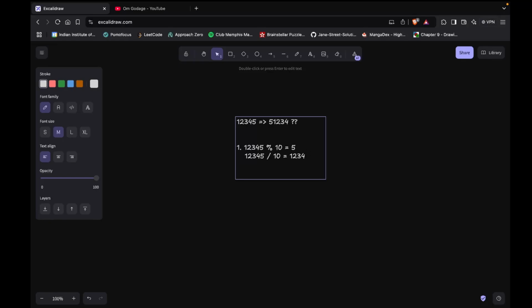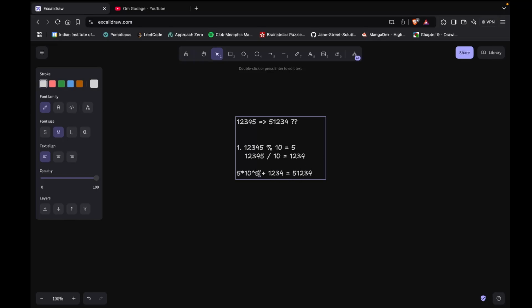Now the question is how to combine them. What you'll do now is you will try to multiply 10 raised to something. It will be 10 raised to 5 plus 1 2 3 4. This will give you 5 1 2 3 4.